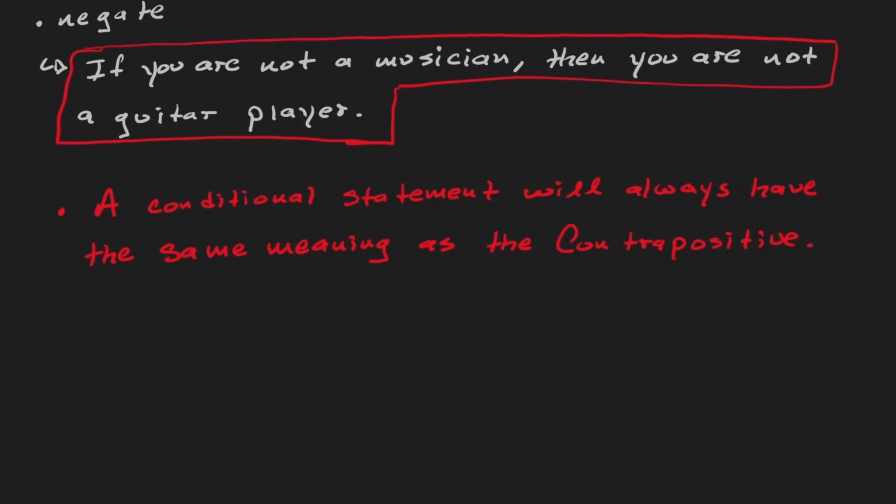For any conditional statement that you are being given, if we write the contrapositive, those two statements will mean the same thing. And this is something that is very important for you to understand. Given any conditional statement, if we write down its contrapositive by switching and negating, we will have the same meaning. It looks different.